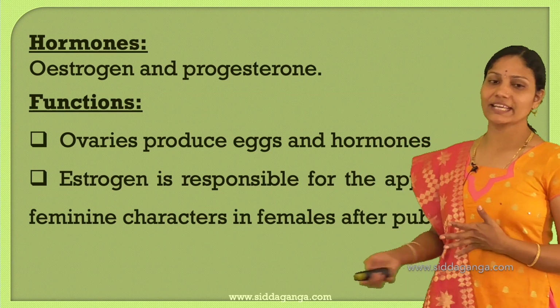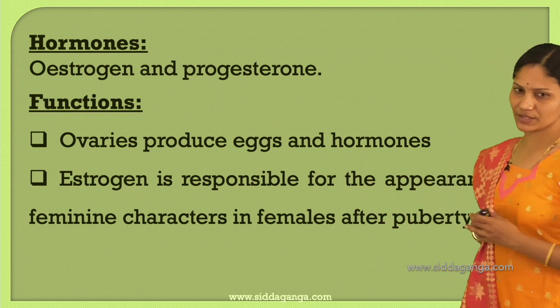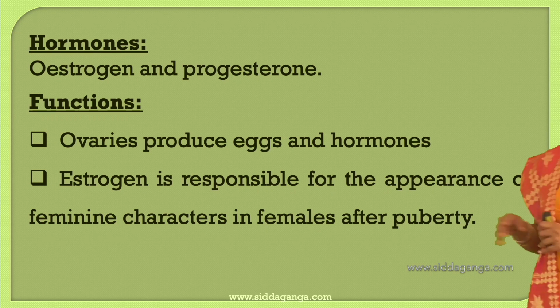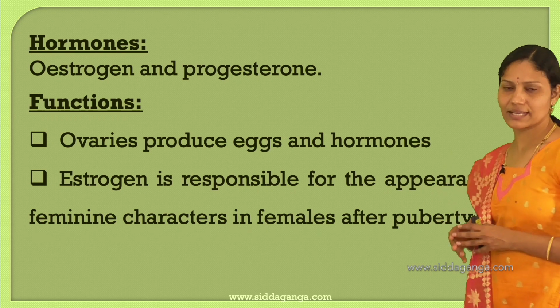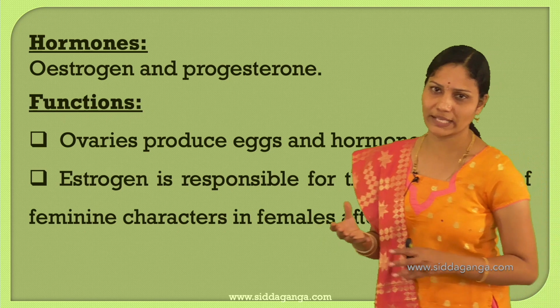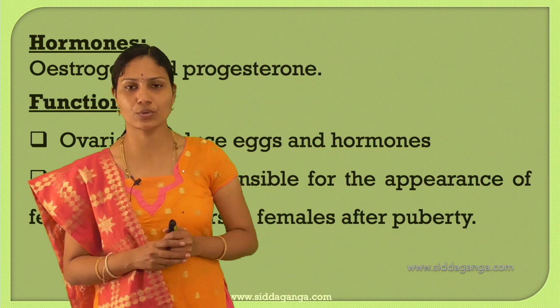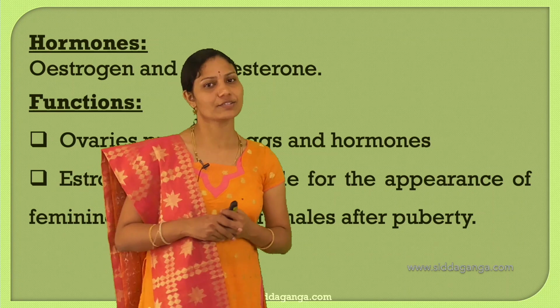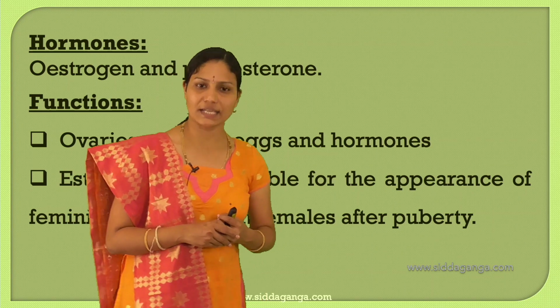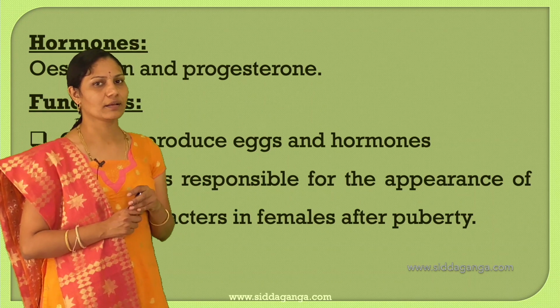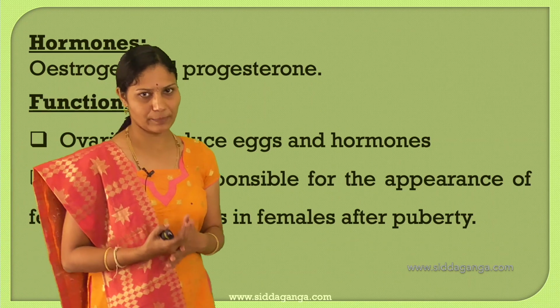In girls, the estrogen is the one responsible for the appearance of feminine characters in females. The feminine nature, the feminine characters, changes in certain parts of the body is because of this. So this hormone also helps in the development of sex organs. There is another hormone called progesterone that is involved with the menstrual cycle of females.